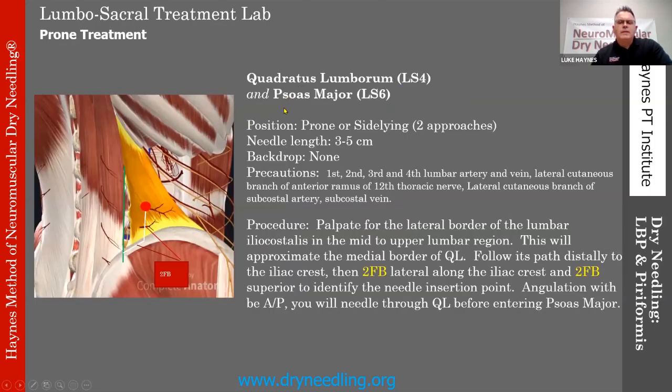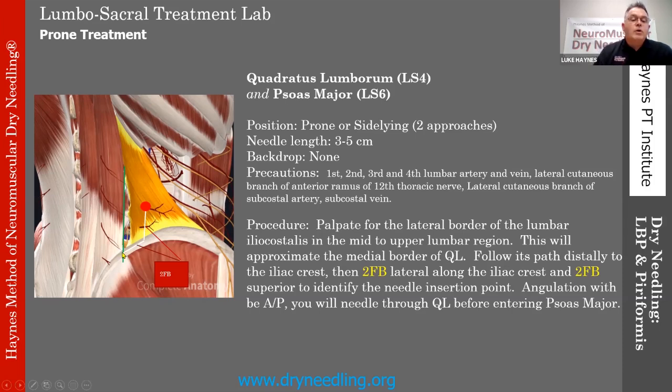For the QL and the psoas major, again, we talked about finding that lateral border of the iliocostalis. So at that lateral border of the iliocostalis, as you can see, that is also the medial border of QL. QL sits just a little bit further anterior.